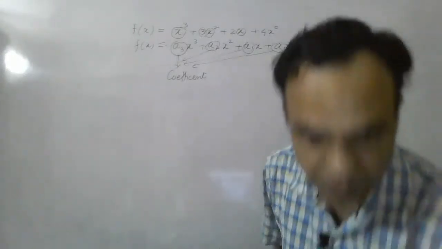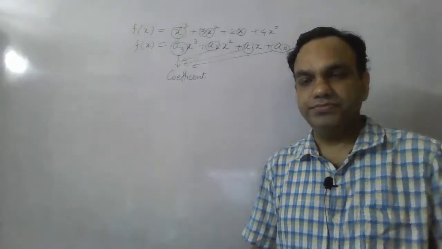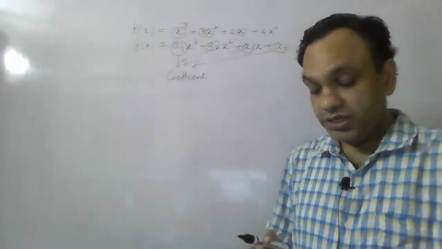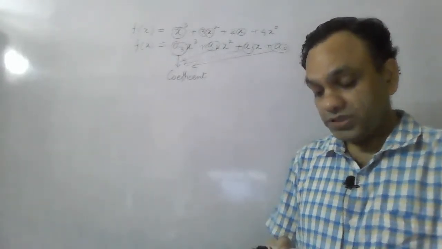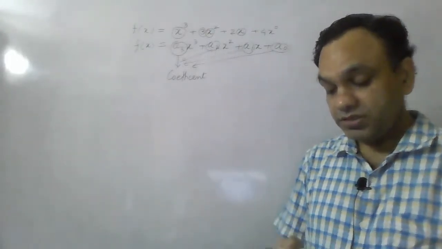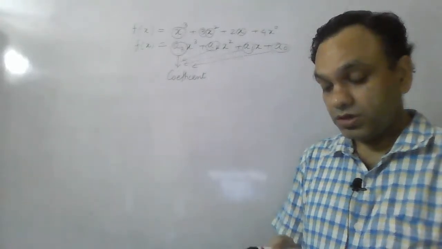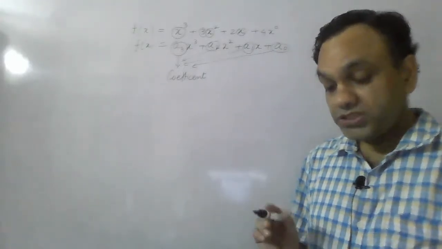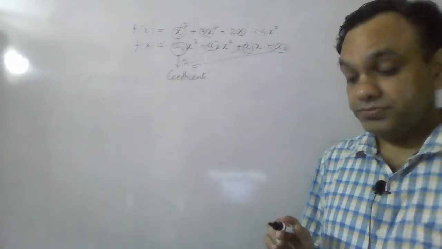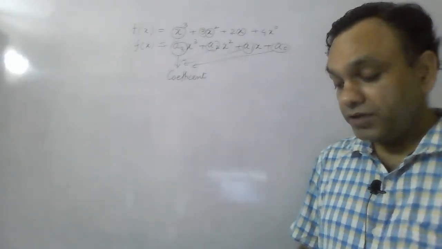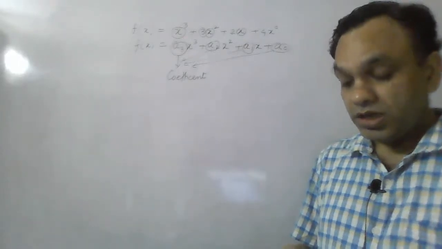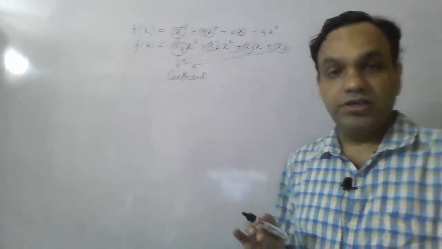If I go to your exercise 1, just look here. The first exercise they have mentioned: which of the following expressions are polynomials in one variable and which are not?